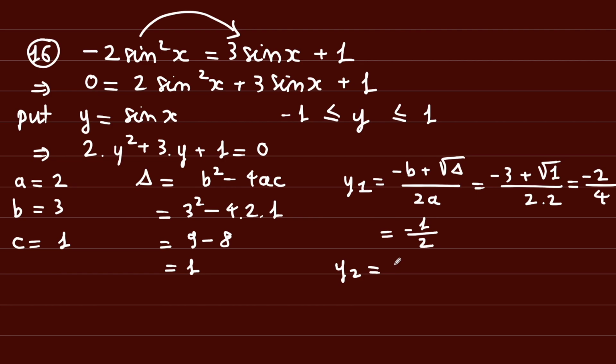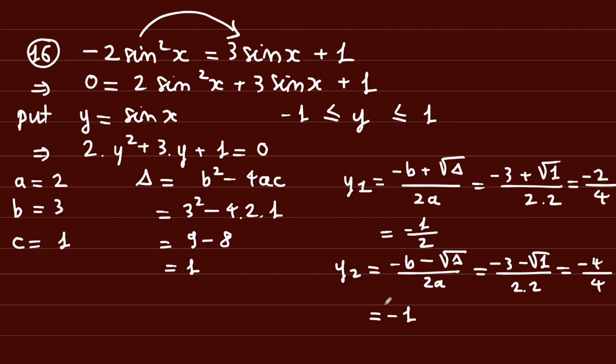Corresponding to y2, minus b minus square root of discriminant divided by 2a. Minus 3 minus square root of 1, divided by 2 times 2, equal to minus 4 over 4, equal to minus 1. Yeah, two solutions for y1 and y2 here.